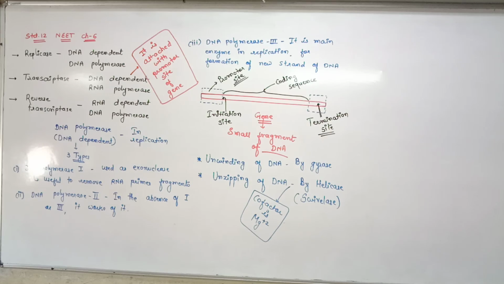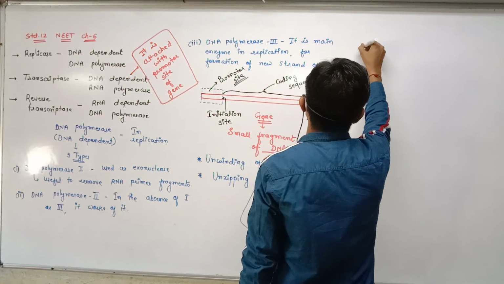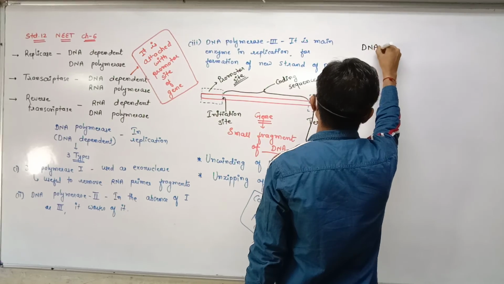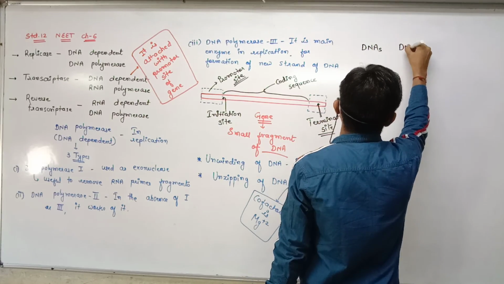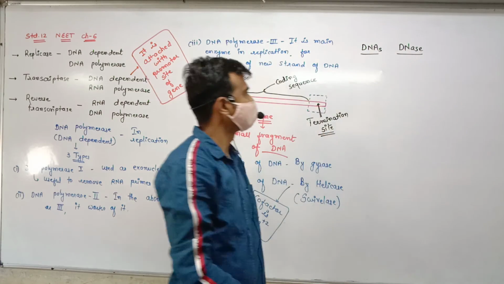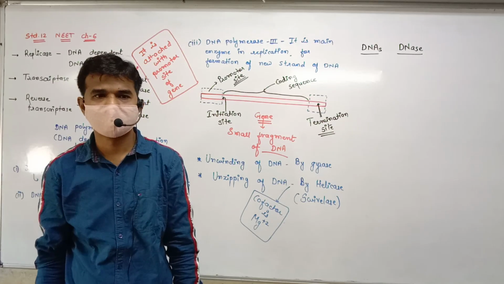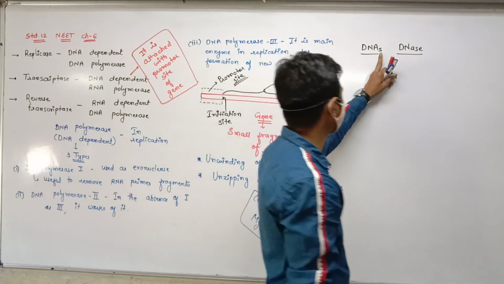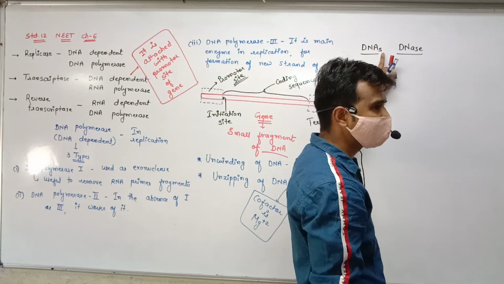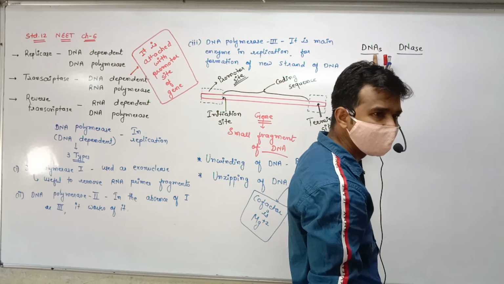Last thing, what is the difference between DNAs and DNase? In the textbook it is given there. DNAs means multiple numbers of DNA molecules, deoxyribonucleic acids.